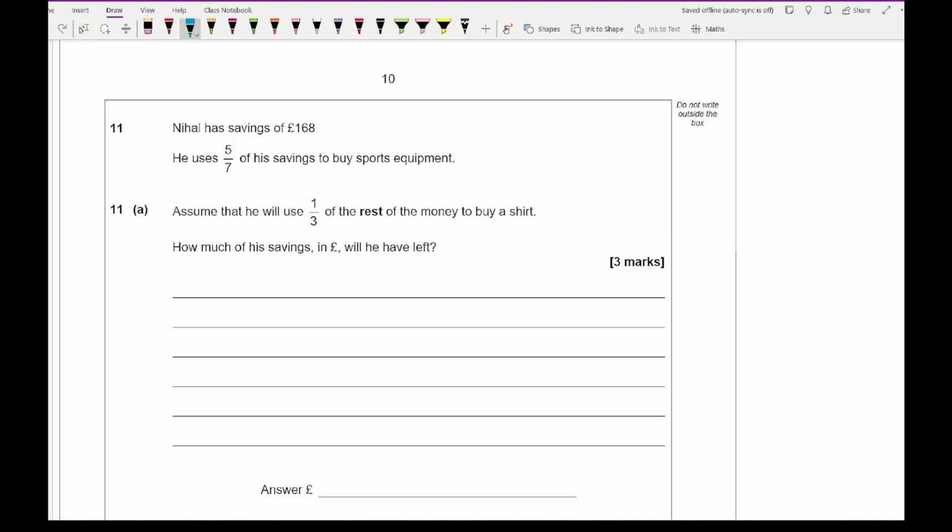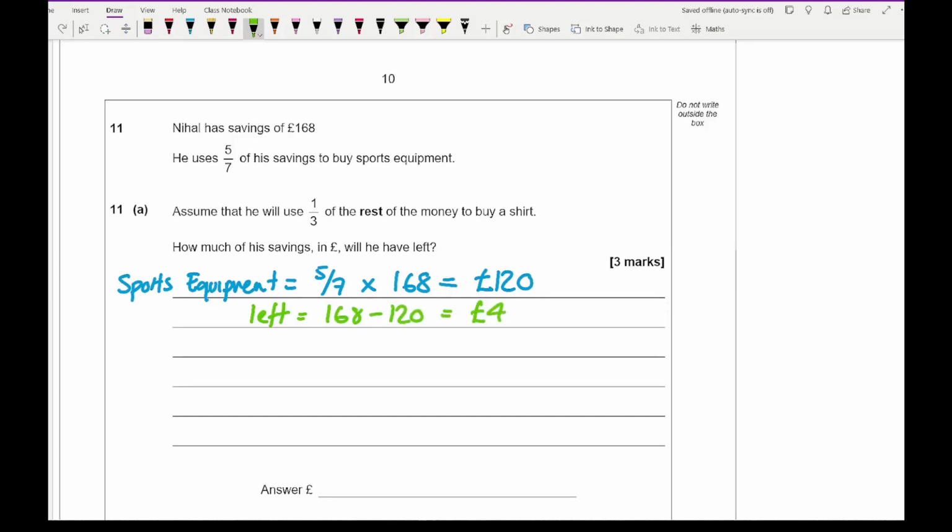So let's first of all work out how much he spends on the sports equipment. And that is going to be 5/7. Now, of means times, so I do times 168, and that gives me an answer of £120. Now, the amount that he has left is going to be 168 minus 120, so he's got £48 left.